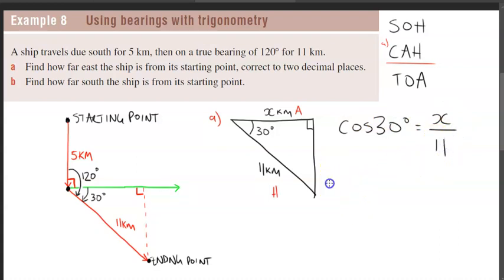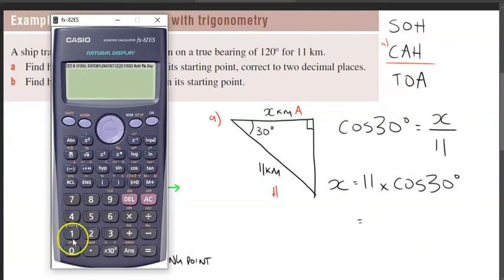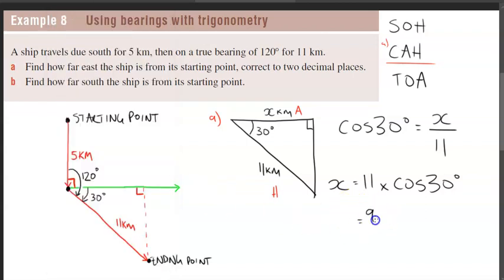To get our x, we're simply doing 11 multiplied by cos 30 degrees. So calculators out, let's clear that. We're doing 11 times cos 30 degrees, and remember, make sure we press our SD button if we get something like that. This to 2 decimal places is 9.53.